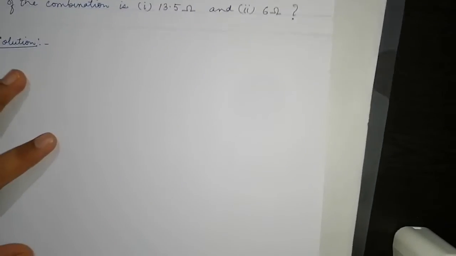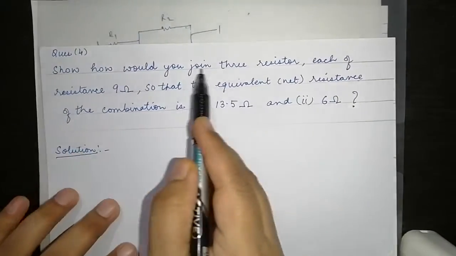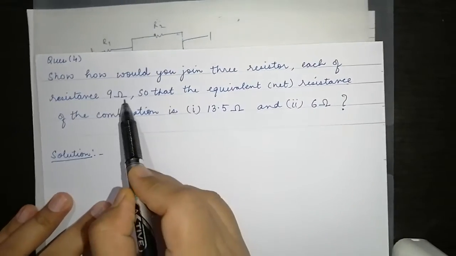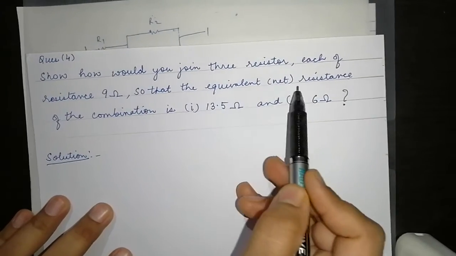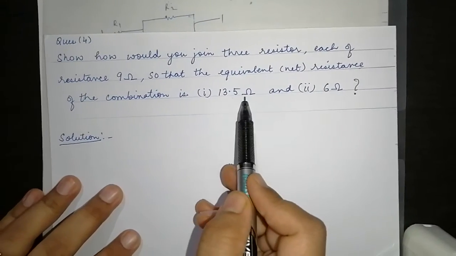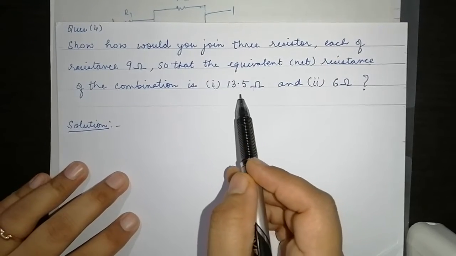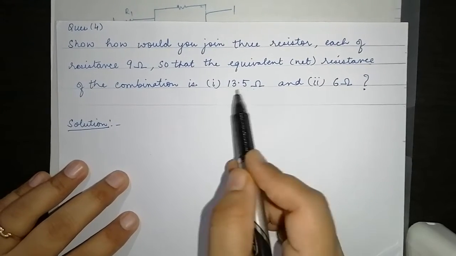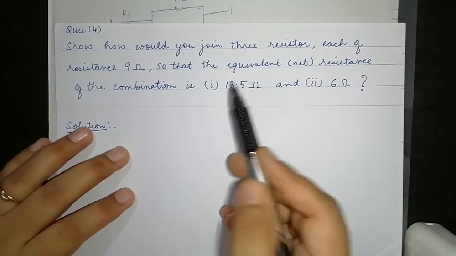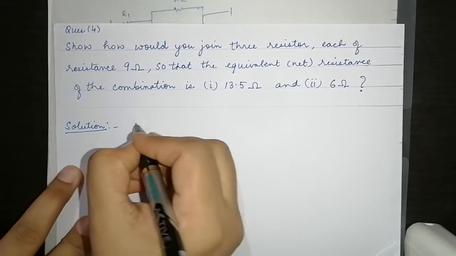Question 4. Show how you would join three resistors, each of resistance 9 ohm, so that the equivalent net resistance of the combination is 13.5 ohm and 6 ohm. Again we have to look for the combination of the first part.